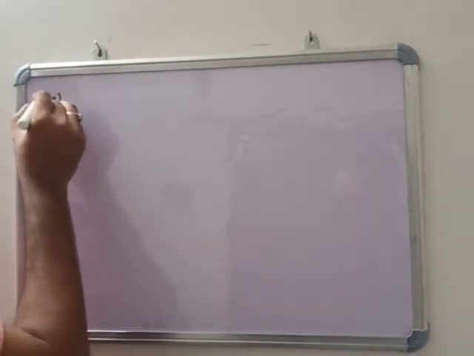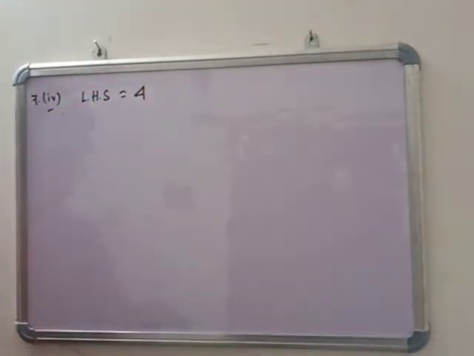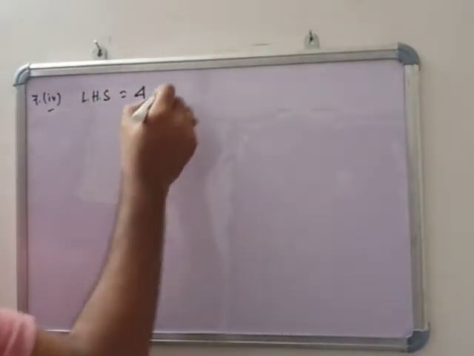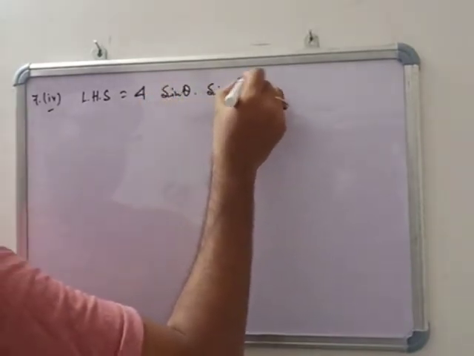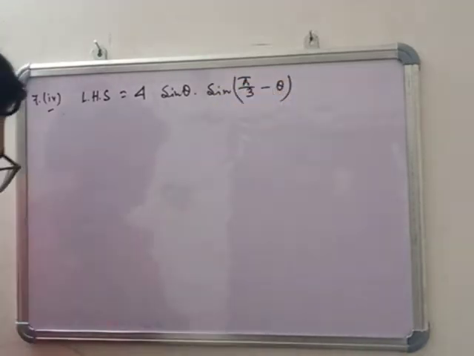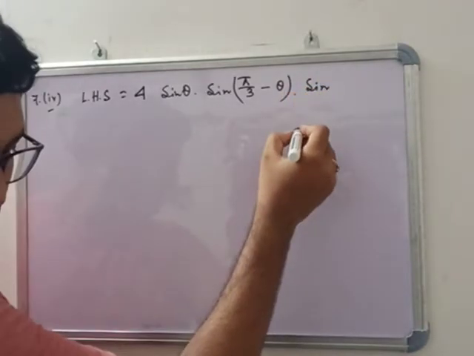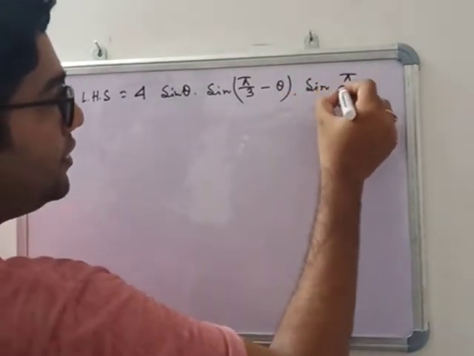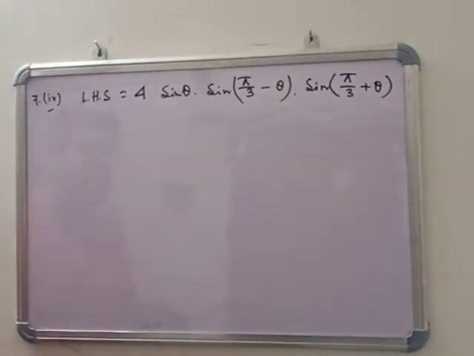Now in 7-3, see that for LHS is given 4 sine theta into sine of pi by 3 minus theta into sine of pi by 3 plus theta. So pi by 3 means we know that this is 60 degree.